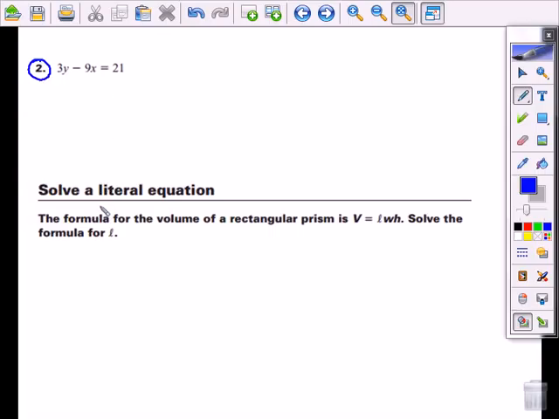Next, we're going to solve a literal equation. Remember, a literal equation is an equation that has two or more variables. So here we have the volume for a rectangular prism. The volume equals length times width times height, and they want us to solve this for the length. Notice when I read this, I said volume equals length times width times height.